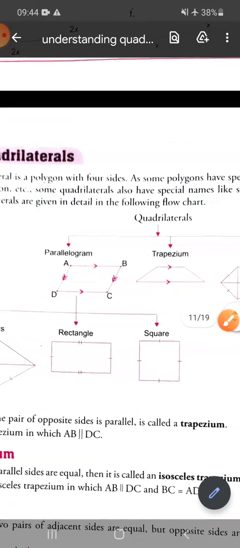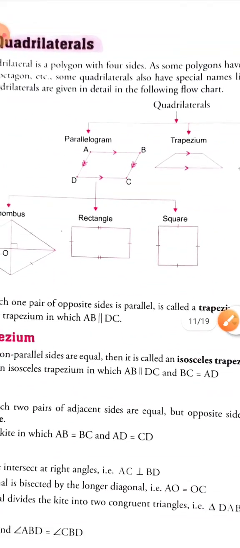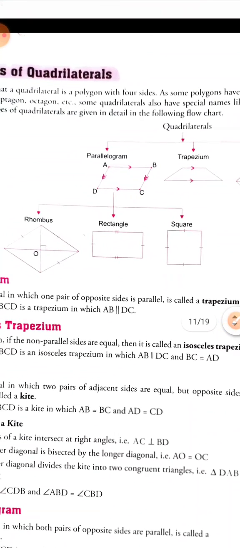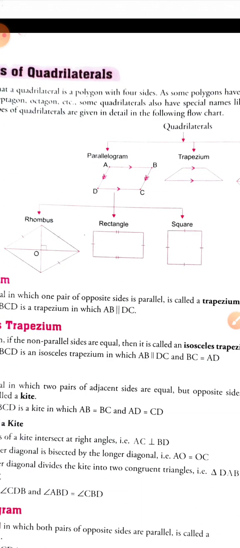Now let's talk about types of parallelograms. We have three types, that is rhombus, rectangle and square, right? Let's start with rectangle.